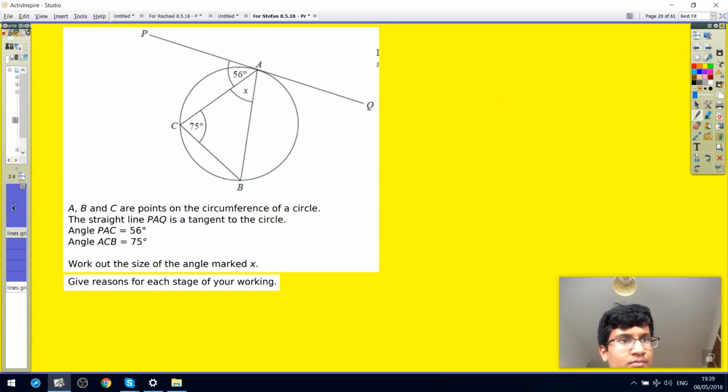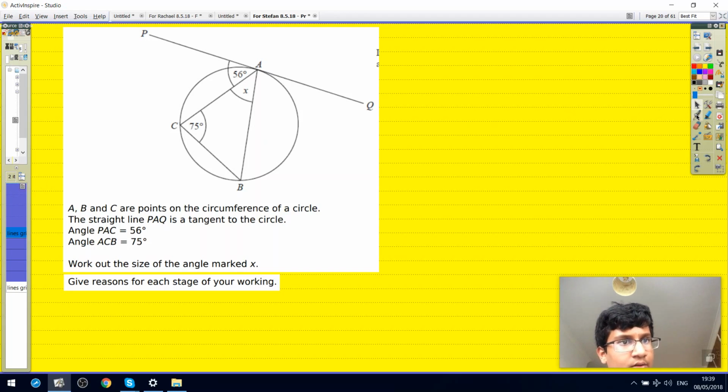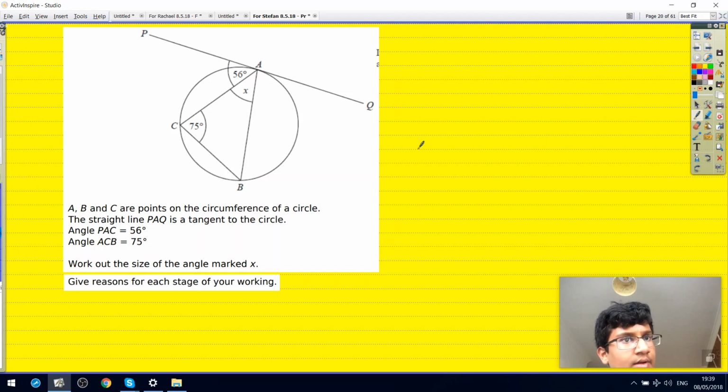Okay, how about this one? Angle X. Give reasons for the stages of your working. So, okay, so that's 56.